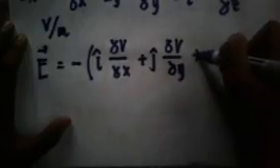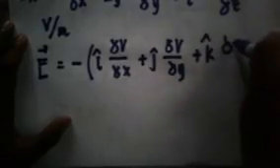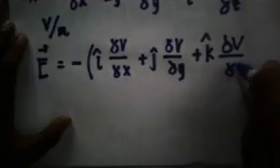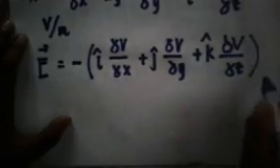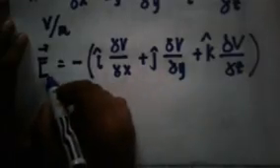In terms of unit vectors, we can write the electric field equal to the negative of i hat partial V over partial x plus j hat partial V over partial y plus k hat partial V over partial z.